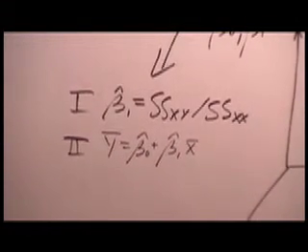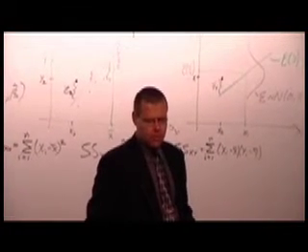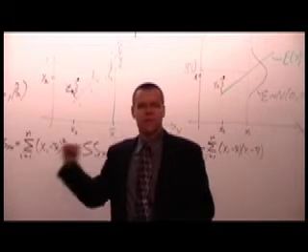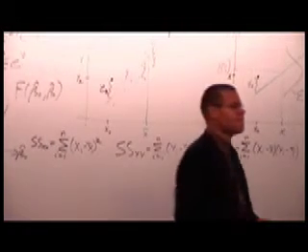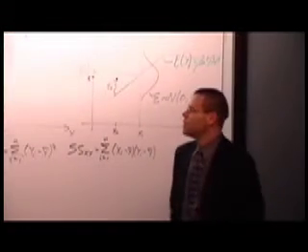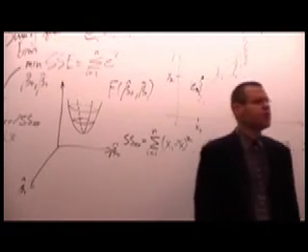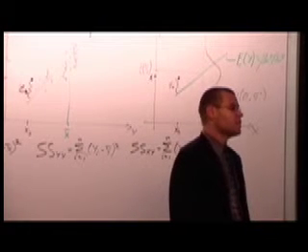Questions on that? So that says sum of squares xy divided by sum of squares xx. The total cross variation divided by the total variation in x. That's equal to the slope estimate.